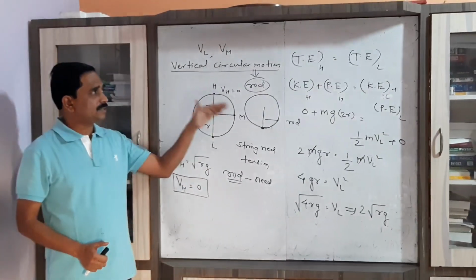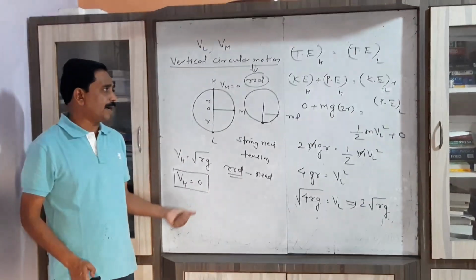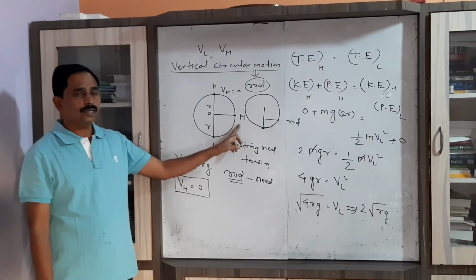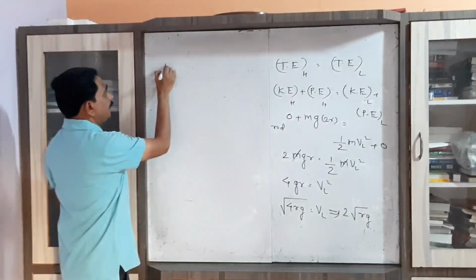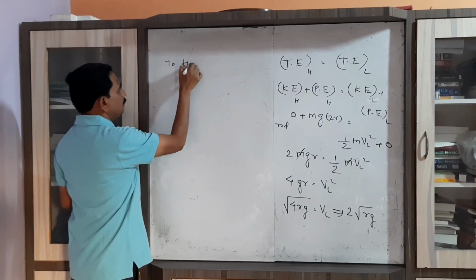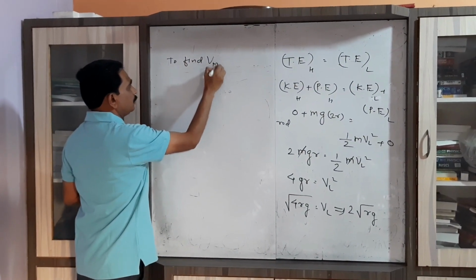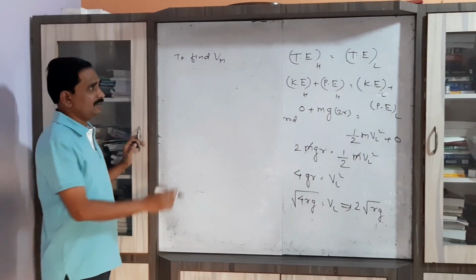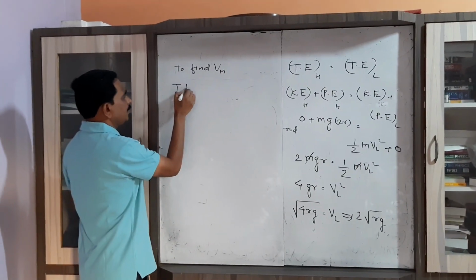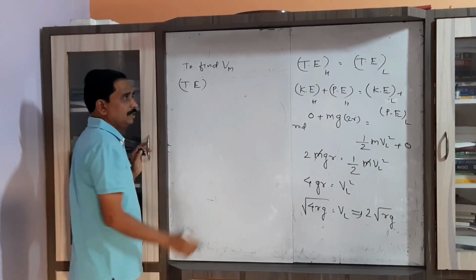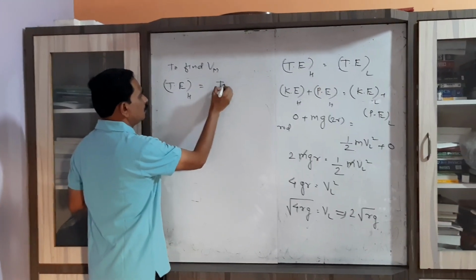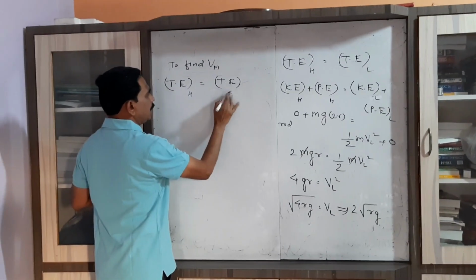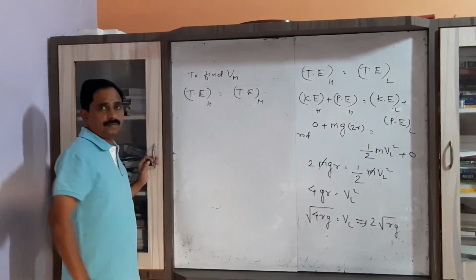Now by using the same concept, we have to find the velocity of that body at the middle position. To find the velocity at the horizontal or middle position, again consider the same thing, that is total energy at highest position equal to total energy at the middle position.